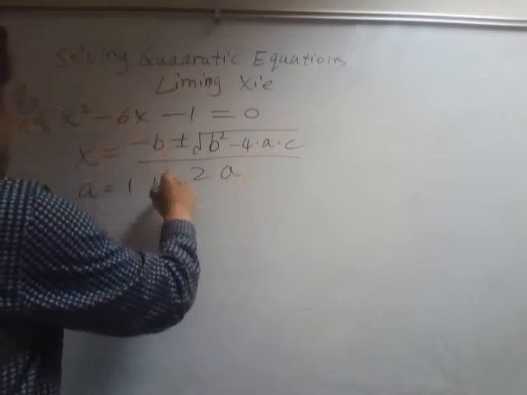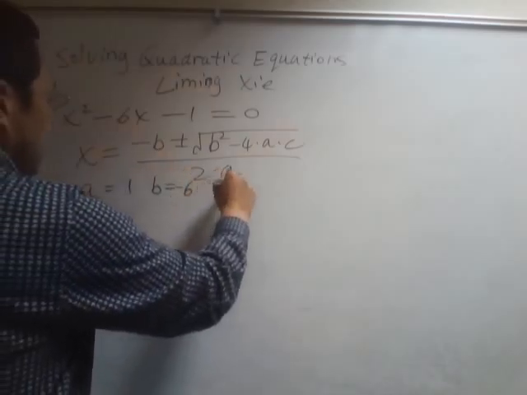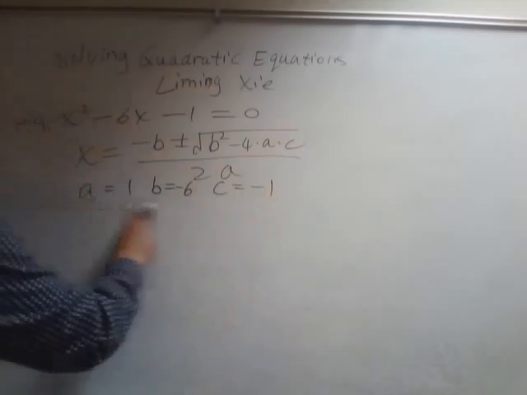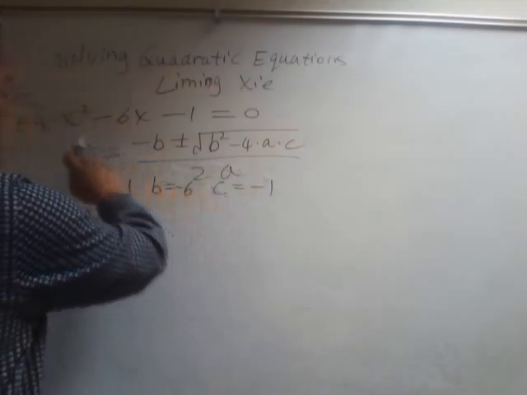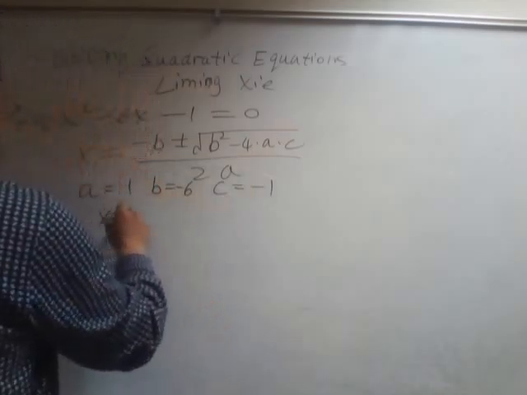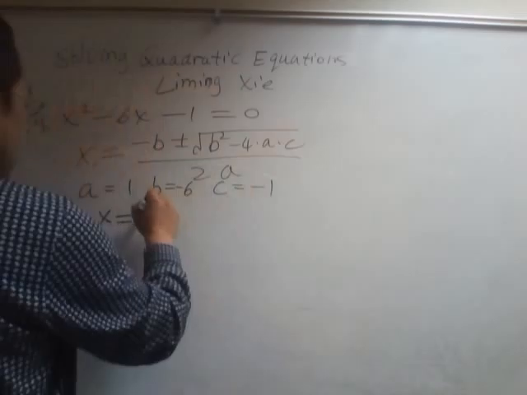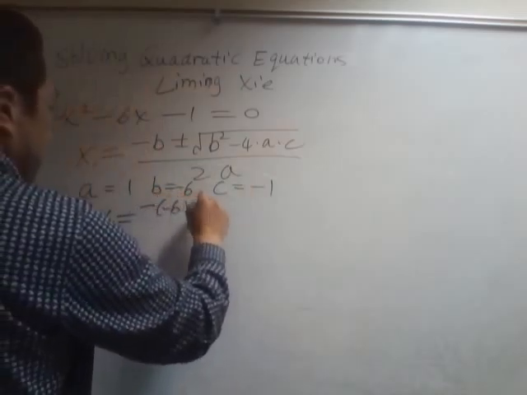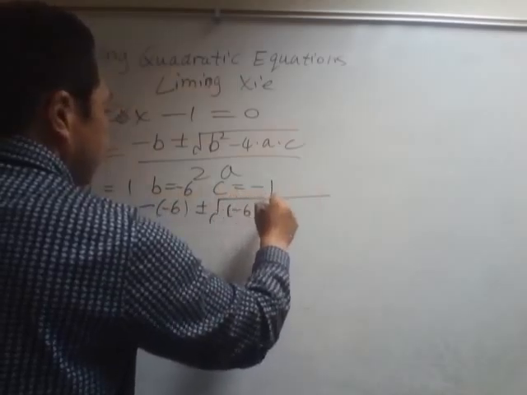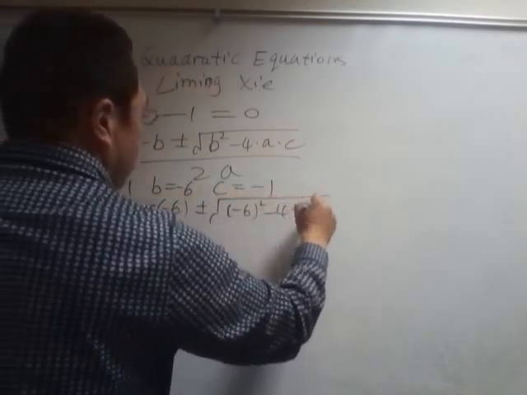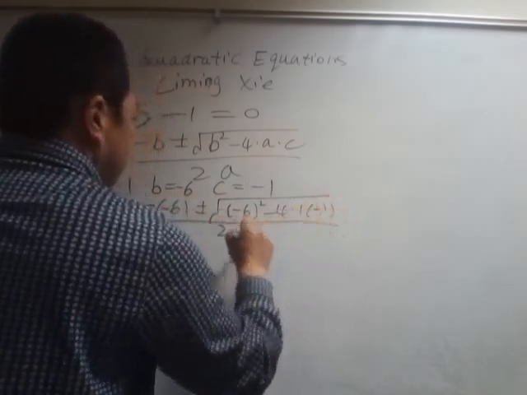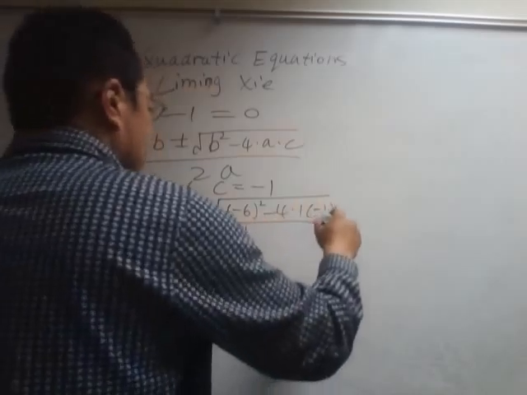What's b? b is negative 6. c is negative 1, right? So we have the three variables for the formula and we can solve. So x equals negative negative 6 plus or minus the square root of negative 6 squared minus 4 times 1 times negative 1, divided by 2 times 1, right?